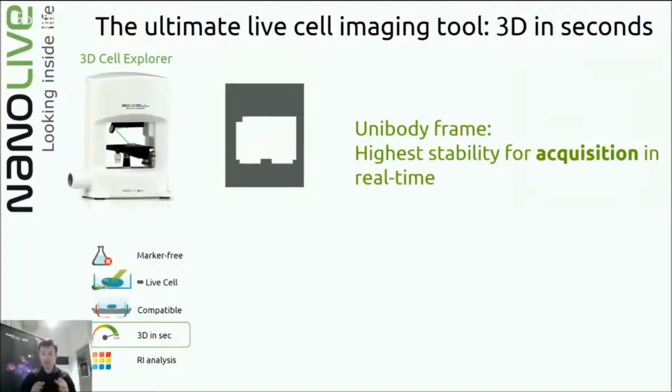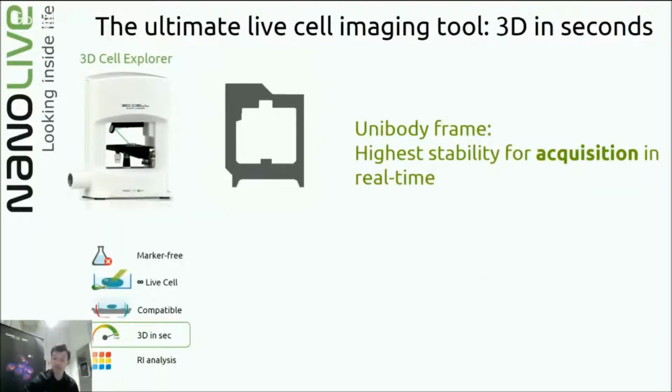This result has been obtained thanks to a huge technological effort that led to a unibody microscope. We have one single piece of aluminum that goes through all the chassis, which increases rigidity, lowers size and weight, and really offers you an incredibly useful device.